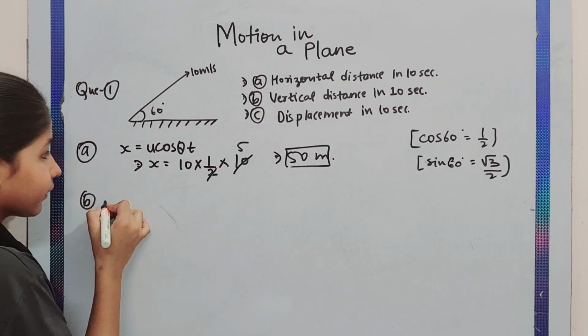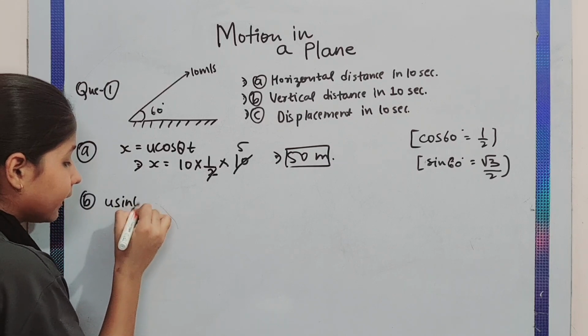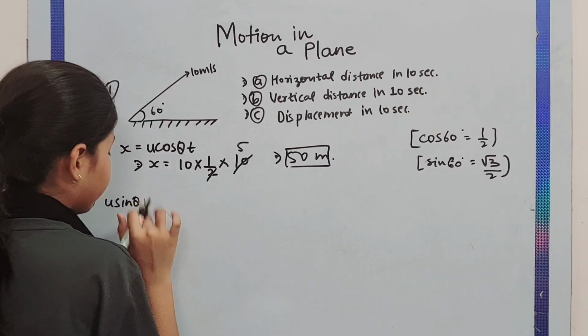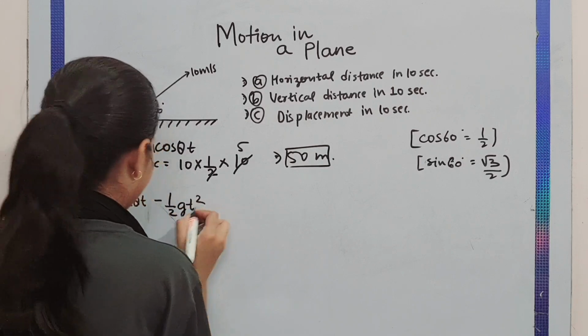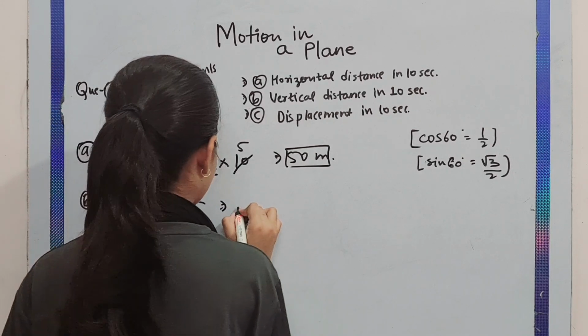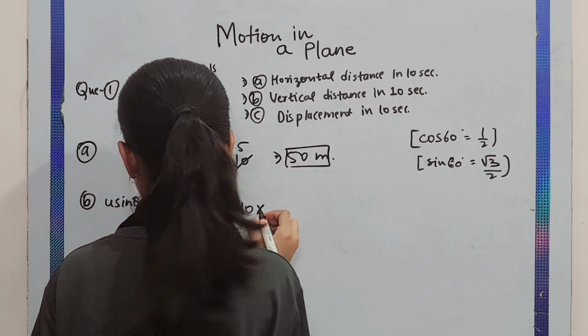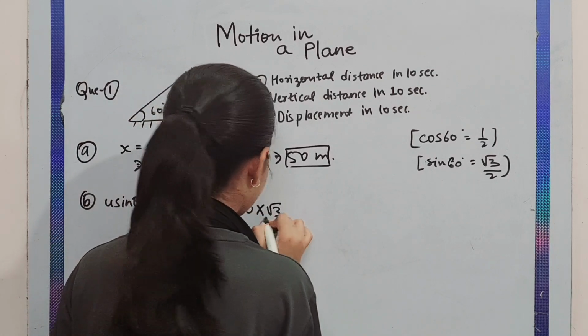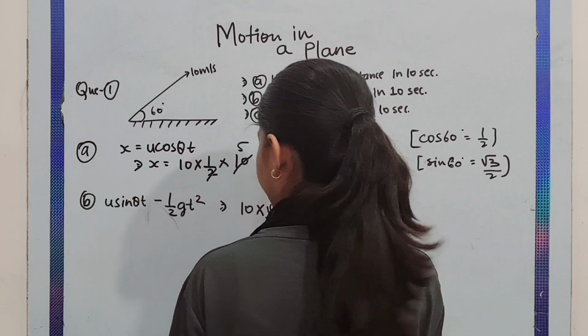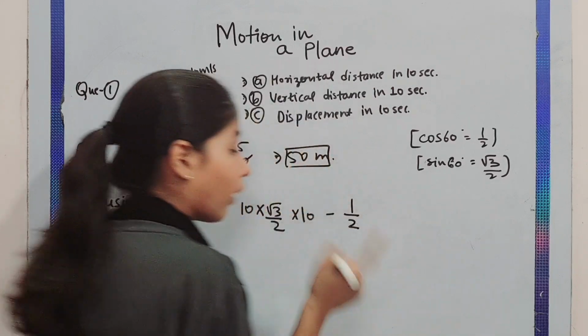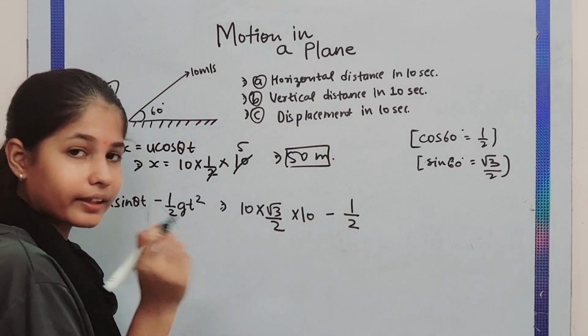Next, what is our next formula? u sin theta t minus half g t square. So u sin theta, u means 10, sin theta is under root 3/2, and then it became 10 minus half. What is the g here?